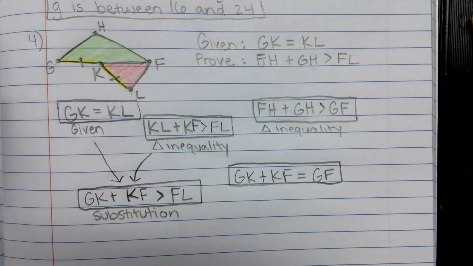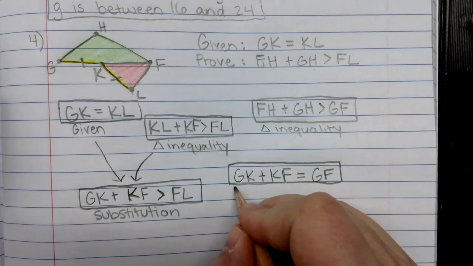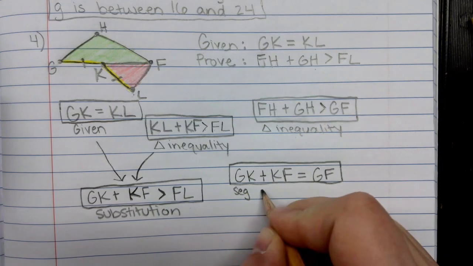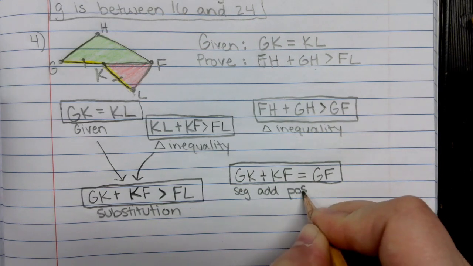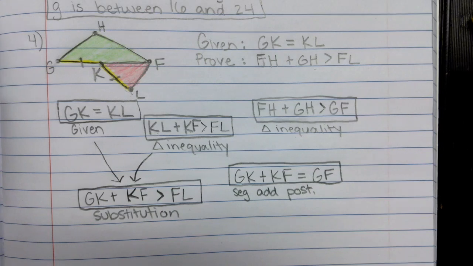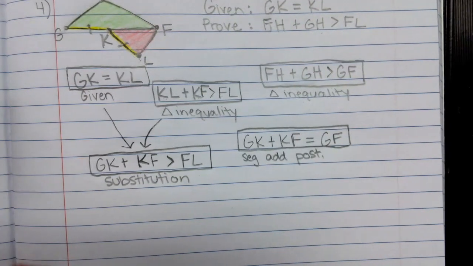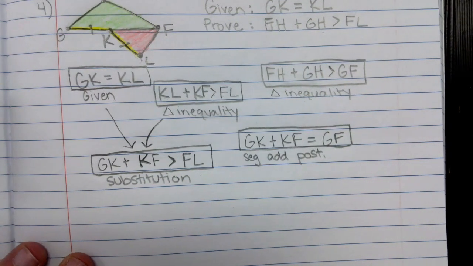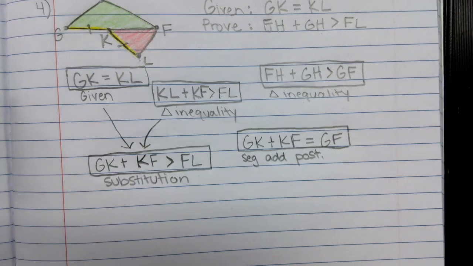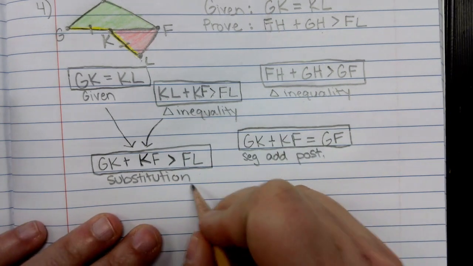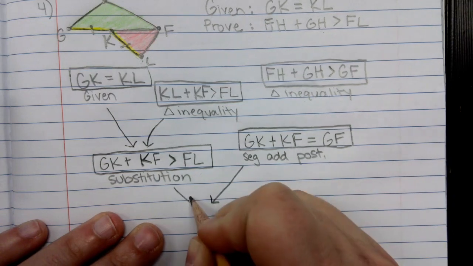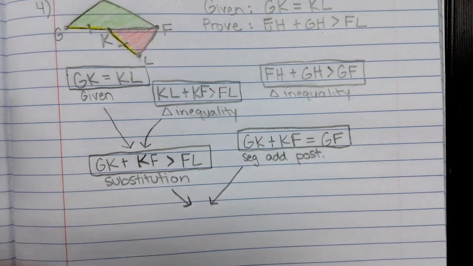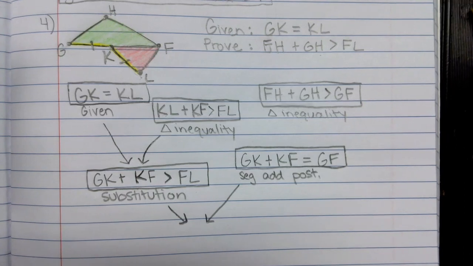We're doing this a little different than we did in period one. Sometimes if you feel like we're just writing random stuff down, it might be helpful to go back and look at what we're actually trying to prove. We noticed this when practicing column proofs too, that sometimes you have some extra information in there, and that's okay. Keep in mind that we're trying to prove that FH plus GH is greater than FL.